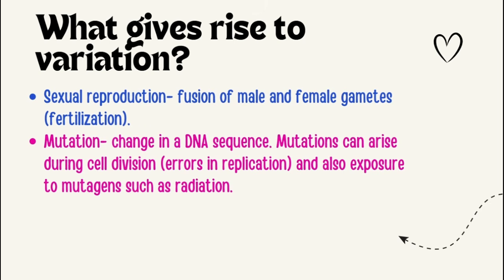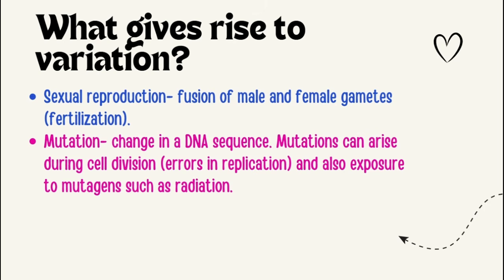Let's just say something went wrong, the spindle never attached properly, a mutation happened, right? And then bam, something is going to change, because it never lined up the way it should or never attached the way it should. So you're more likely to have an abnormality.